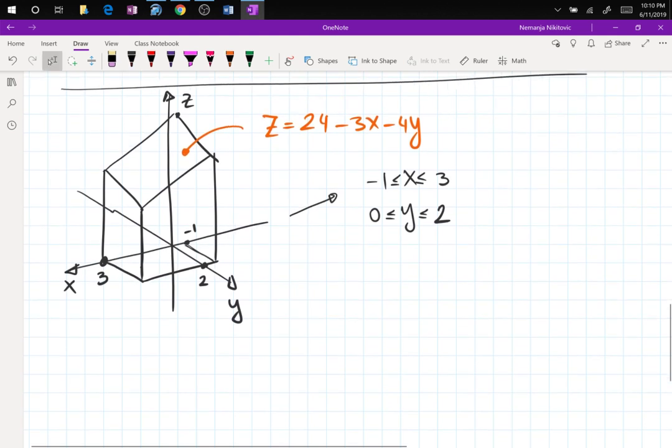So now, to find the volume of this object, another thing that I like to do before I actually do this is I like to draw the domain because we see exactly what's happening in the domain.